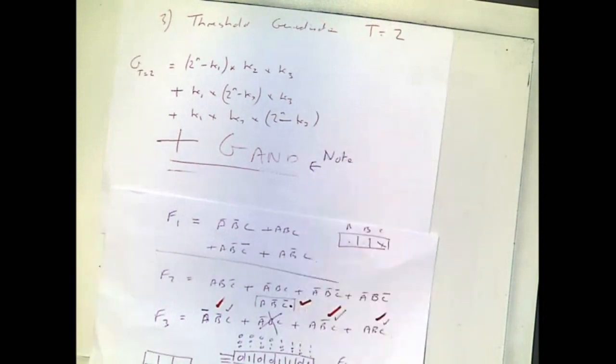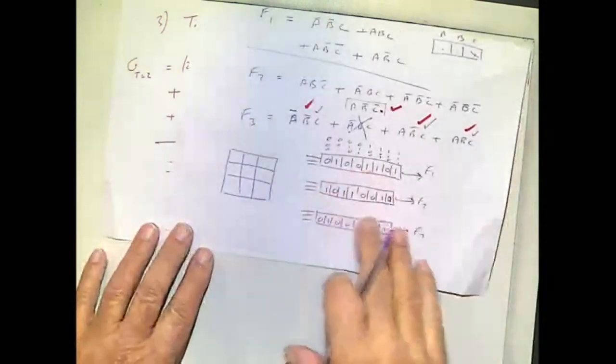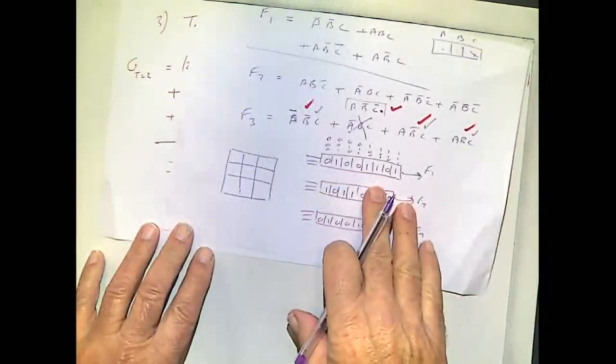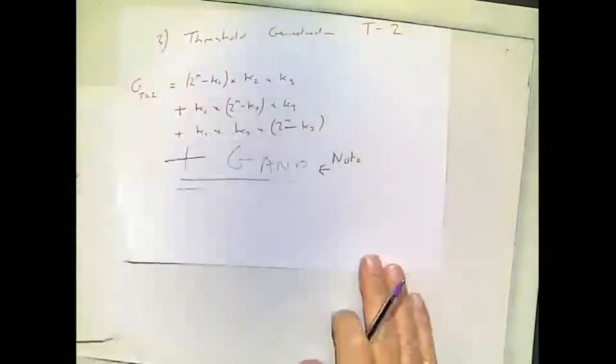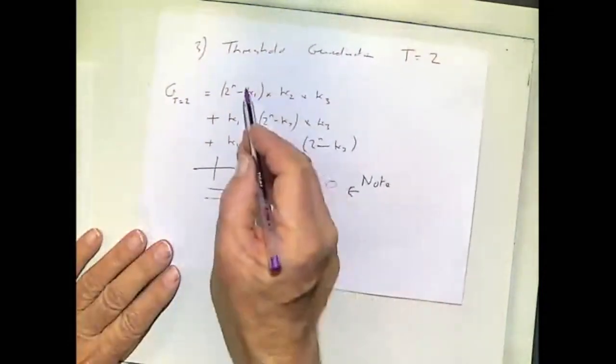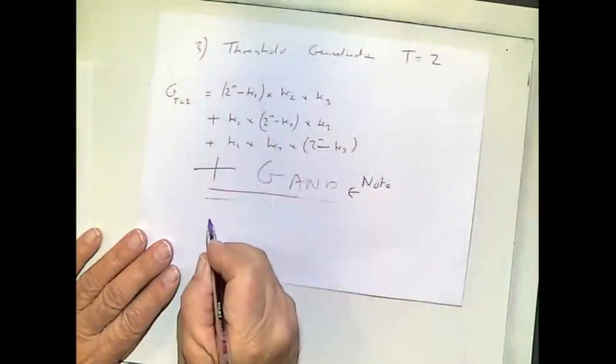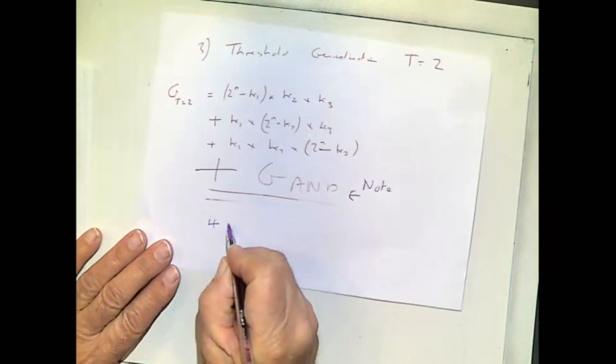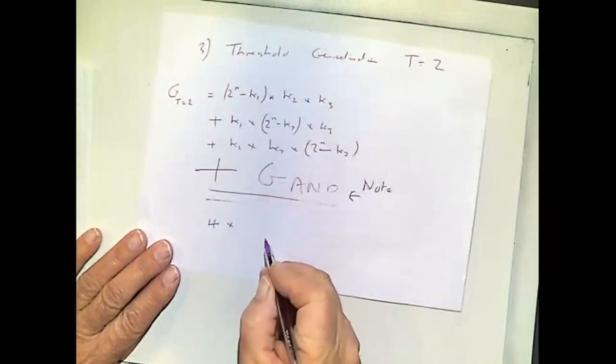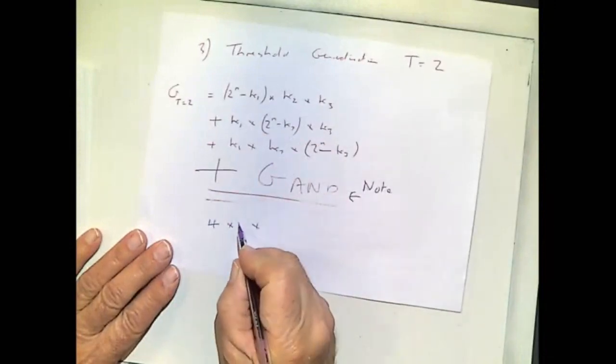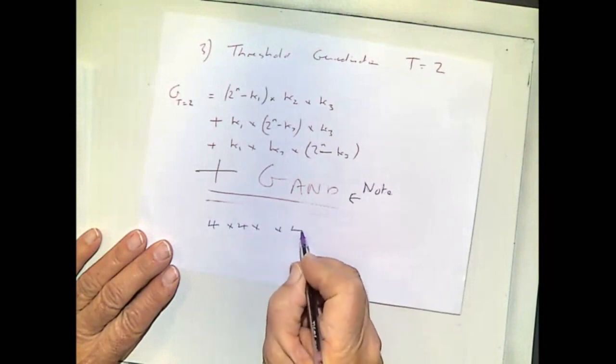Now, for this example, it's not as bad as it seems, because it just so happens it's symmetrical. We've got the same number of noughts and ones here. So the first term is going to be 4 times 4 times 4.